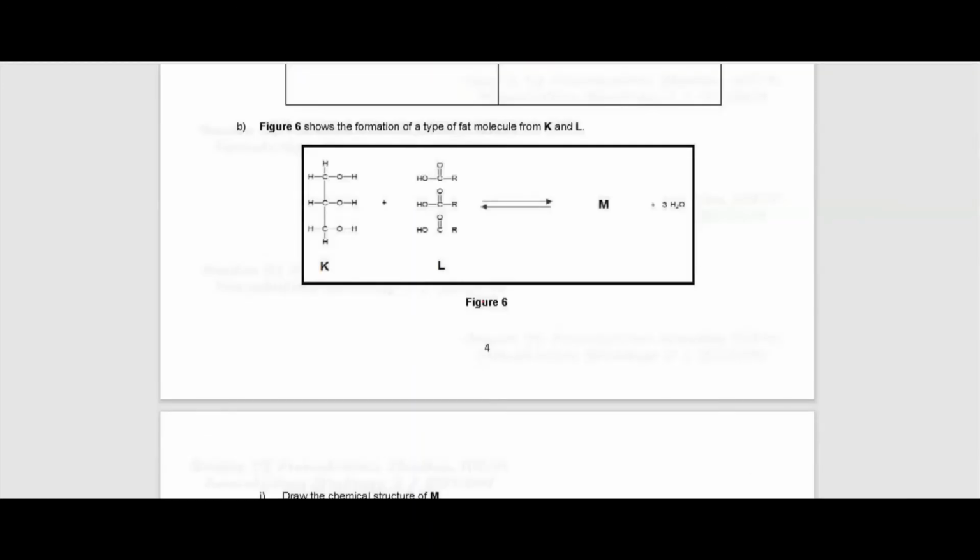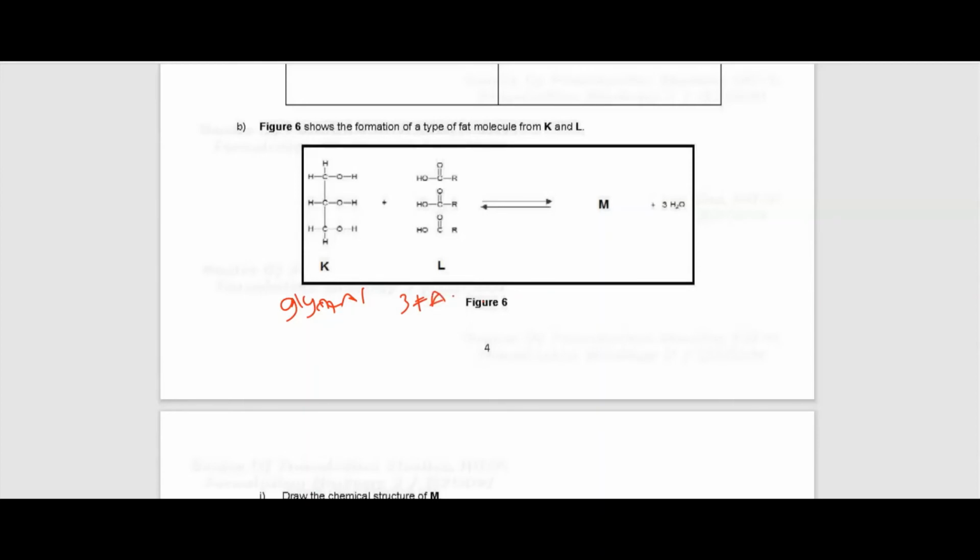Question B. Figure 6 shows the formation of a type of fat molecule from K and L. K, as you can see, has three carbon atoms bonded to OH, which is a hydroxyl group. Okay, so K is glycerol, which is a type of alcohol, and L is 3 molecules of fatty acid.